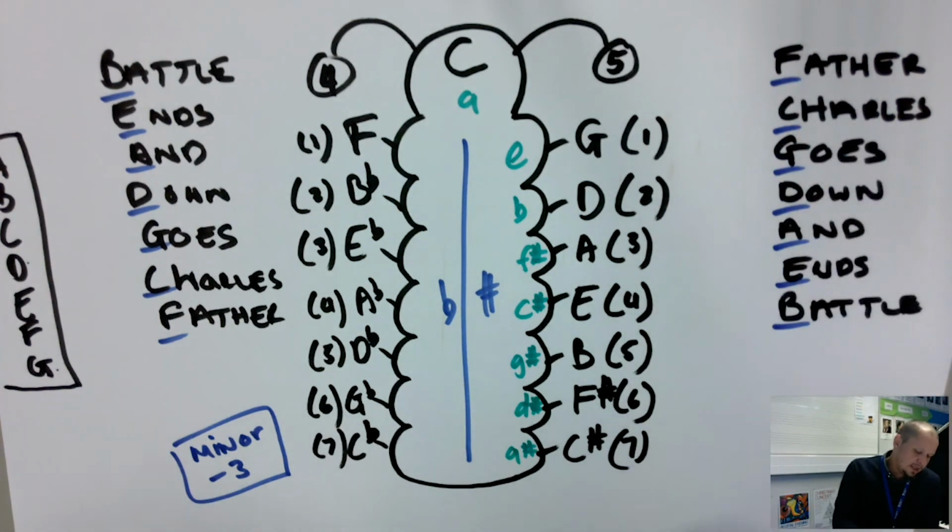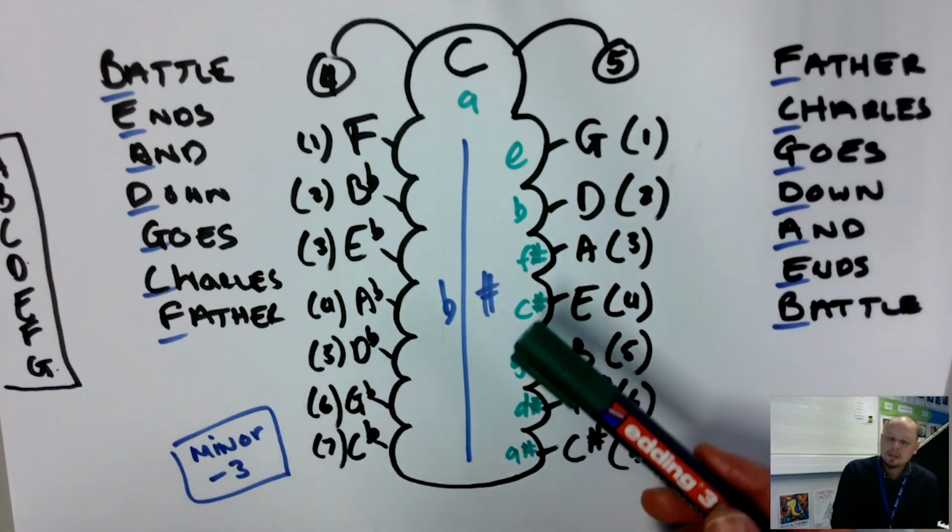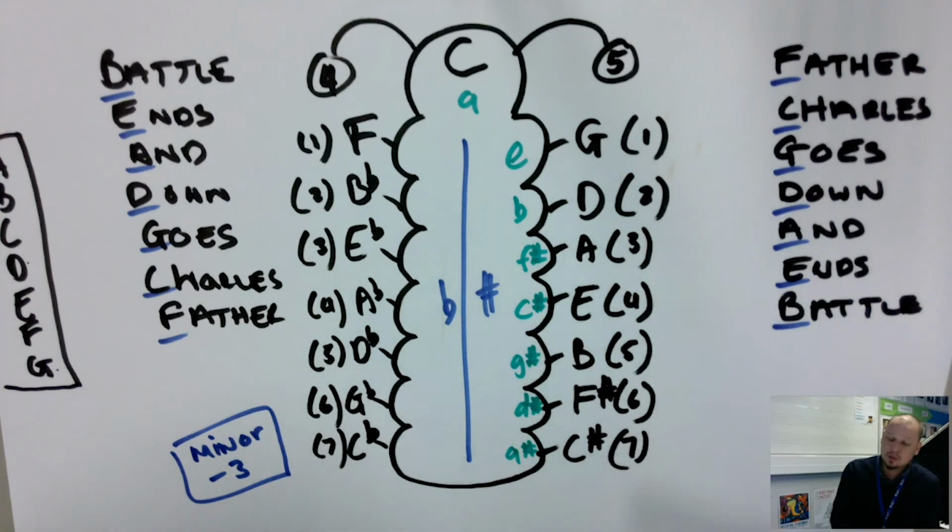In the same way, C sharp minor, there's a C sharp in the key signature. G sharp minor, there's a G sharp in the key signature. F sharp major, there's an F sharp in the key signature. D sharp minor, there's a D sharp in the key signature, and so on.